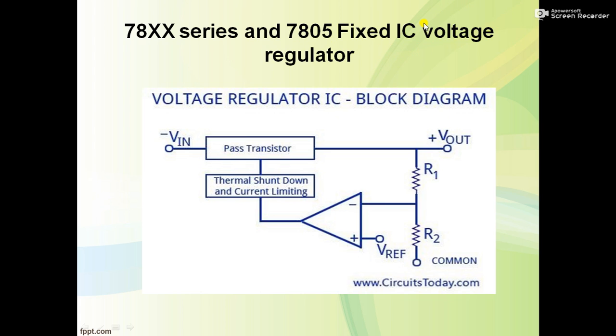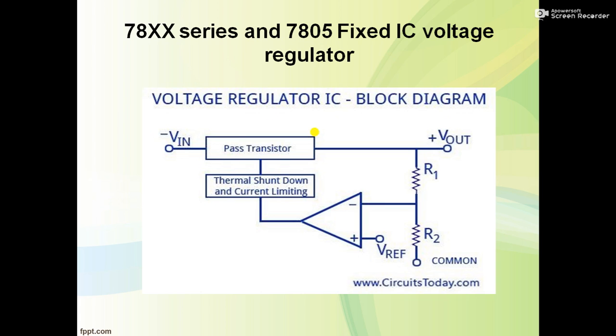The voltage regulator is used to maintain the output voltage constant without any fluctuation, without any variation. So instead of a Zener diode, now we are using it in the form of an IC like 7805, 7812. The 7805 indicates 5 volts of DC.